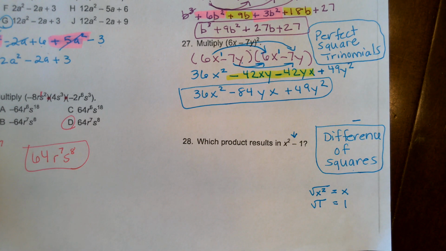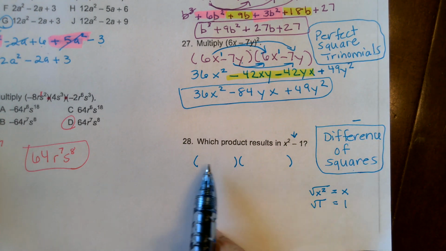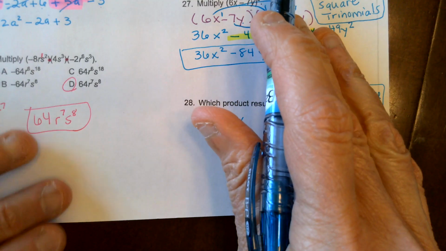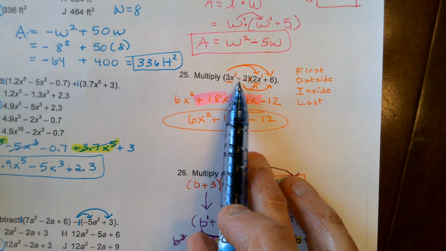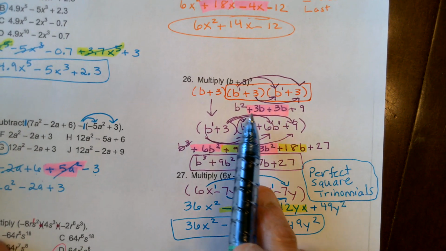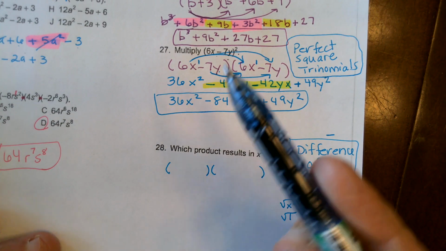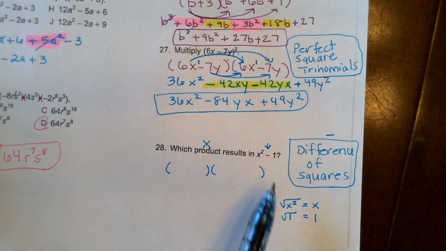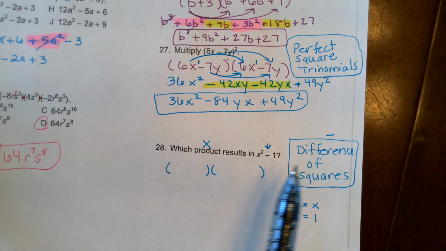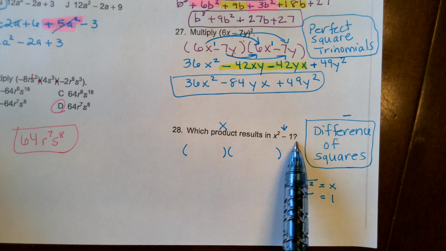Yeah, it's 1. When that happens, it's so slick because we know that the product that they multiplied, like we've been multiplying up here, multiplying these, multiplying these, multiplying these. We've been doing this whole page. And they said, what product? What things do you multiply to get this? So they're hoping and wanting you to notice this difference of two perfect squares.